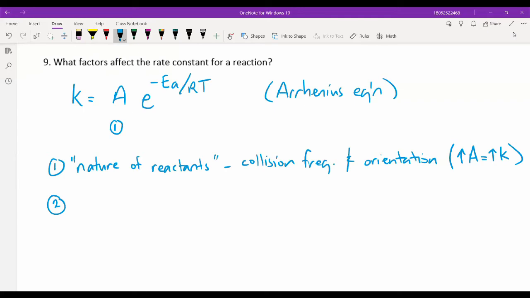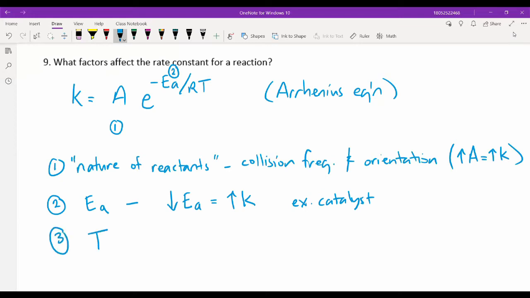Sometimes that's called the pre-exponential factor too, because it's in front of this e term. The two things that we often compare, and that are maybe more important in these problems, are activation energy, which we talked about, and like we saw in the graphs, that's what a catalyst does: it lowers the activation energy, which makes the rate go faster, meaning a bigger rate constant.